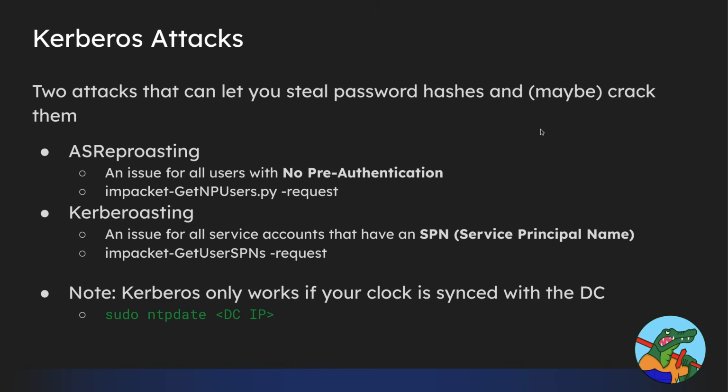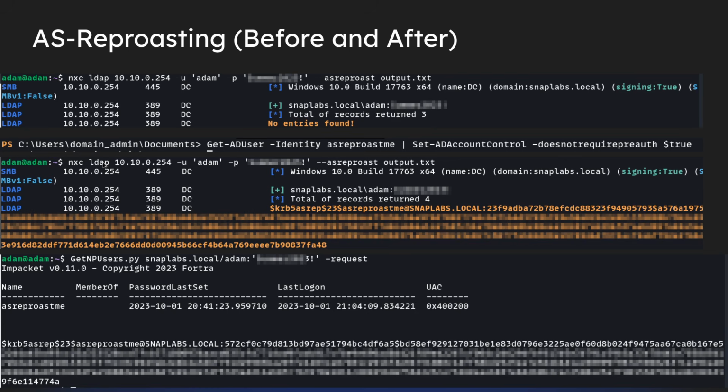Sometimes it won't verify who you are, and in that case, it'll just send a TGT to anyone. That is AS rep roasting, where you are taking advantage of a bad AS response, authentication server response. So sometimes you can grab a user hash if pre-authentication is disabled, or you could grab a service account hash with Kerberoasting.